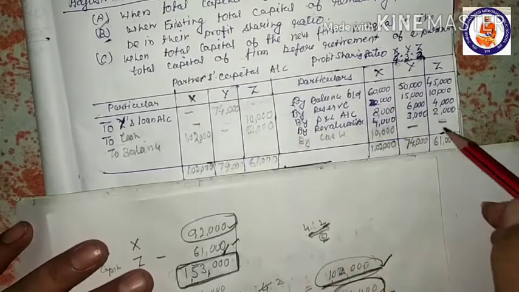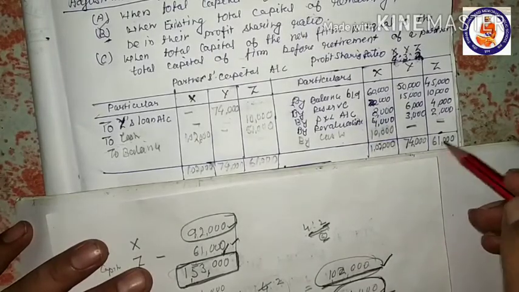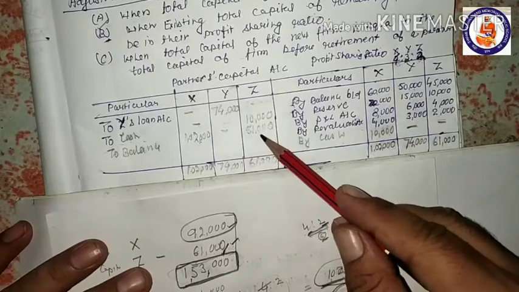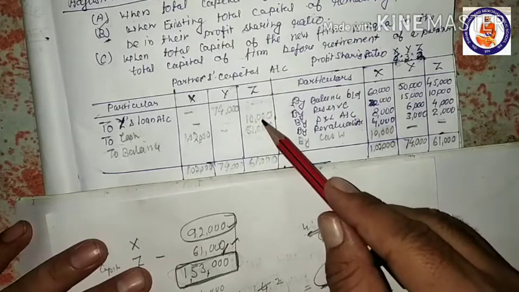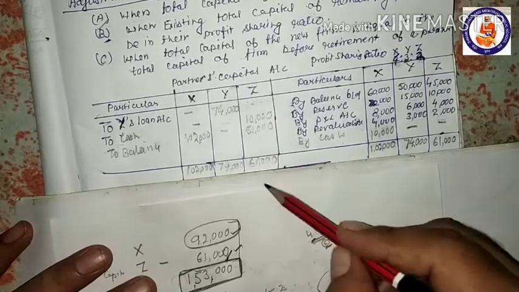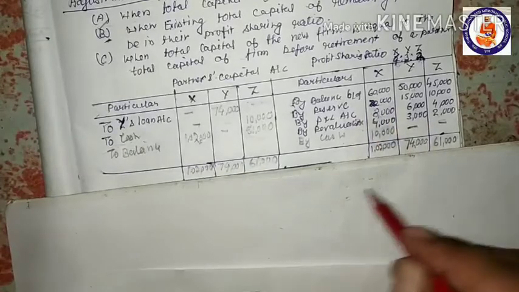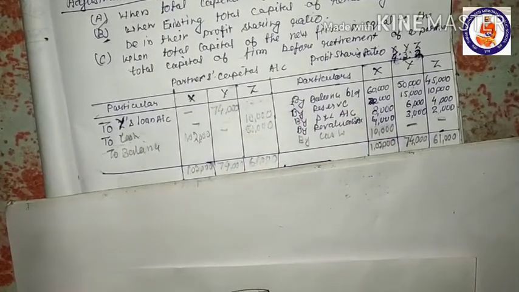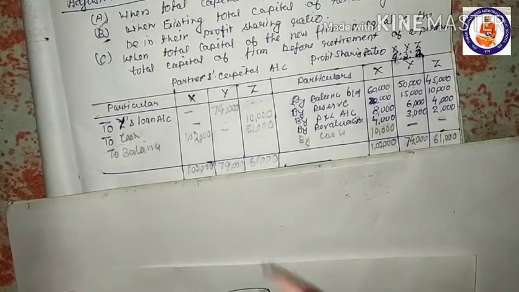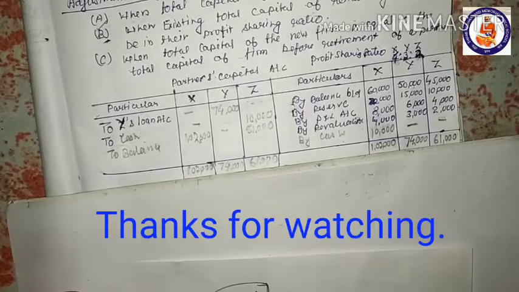In the same way, because Z had more amount in the business, he will withdraw 10,000 rupees from the business, leaving 51,000. This way the question will be solved. Okay, thank you. We will learn the third method in our next lecture.